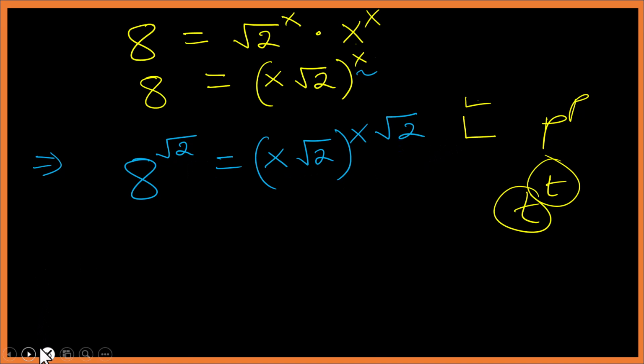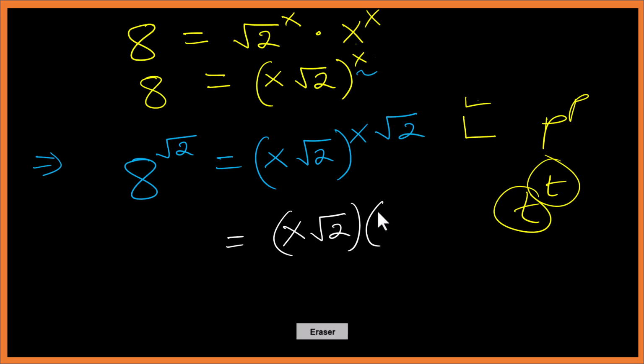Okay, now with this I have the right hand side as x times square root of 2, then we have the power as x times square root of 2. So this and that are equal. Now let's look at the left hand side, if we can also make it the same.